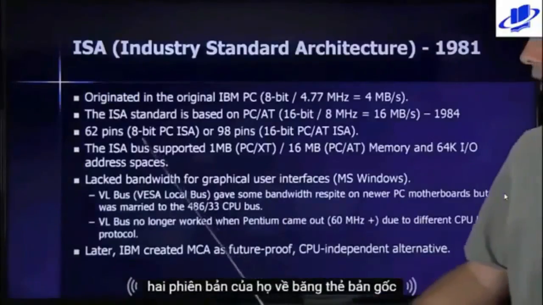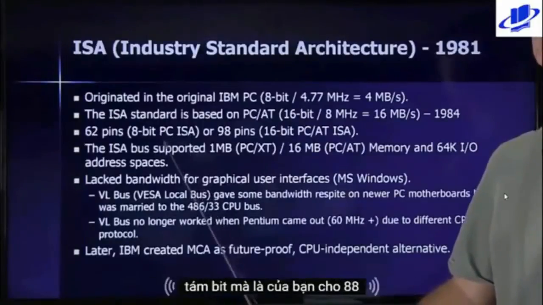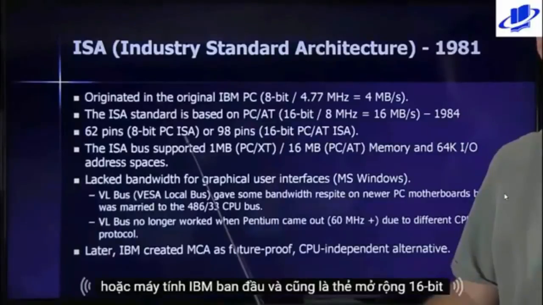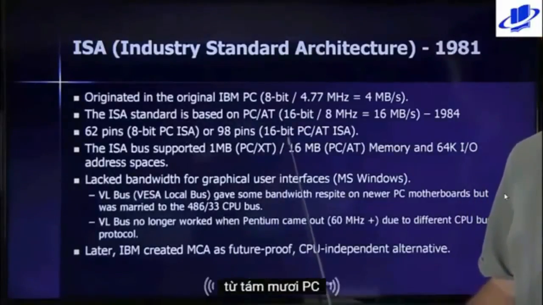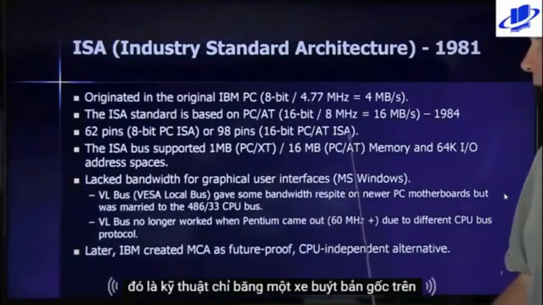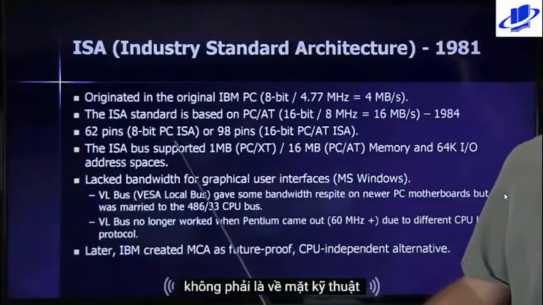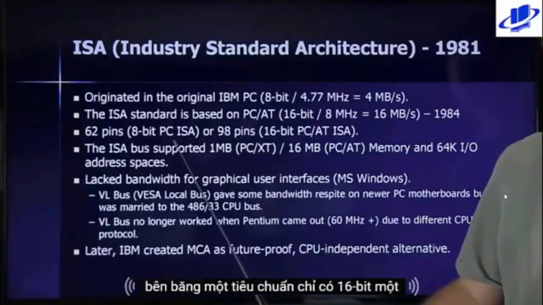There are two versions of the ISA card. The original 8-bit, which was used for the 8088 or original IBM PC. And you also have the 16-bit extended cards from the PC-AT, which is technically the only ISA bus. The original one is not technically part of the ISA standard.